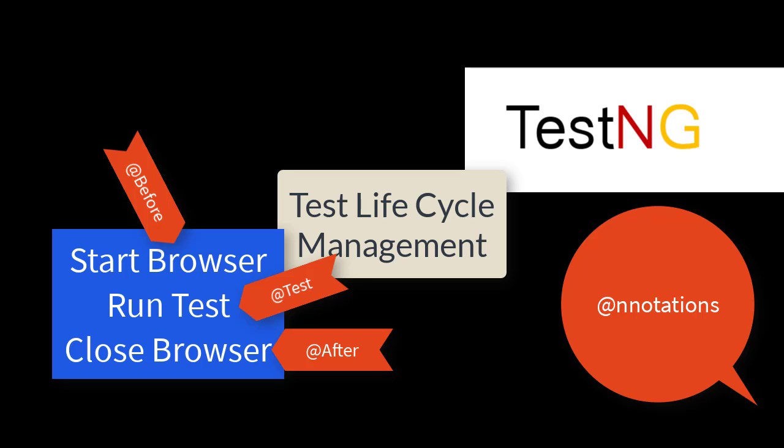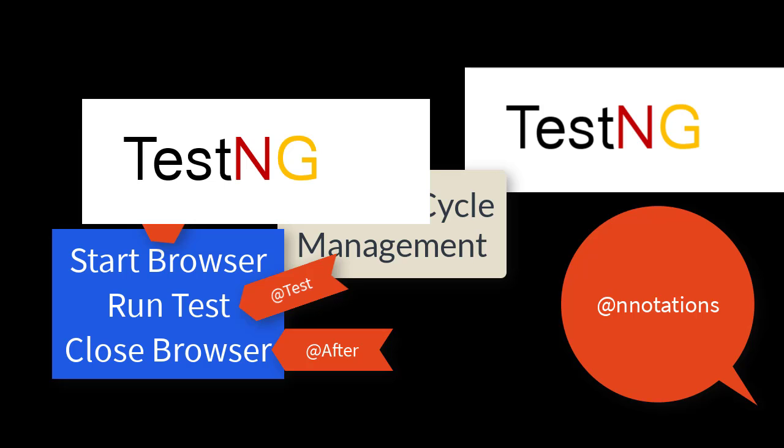The main method is still a good thing when you are learning and testing a few things real fast, but in professional test development, we will not be using the main method. Either you will be using test lifecycle management like TestNG or JUnit to execute the tests.